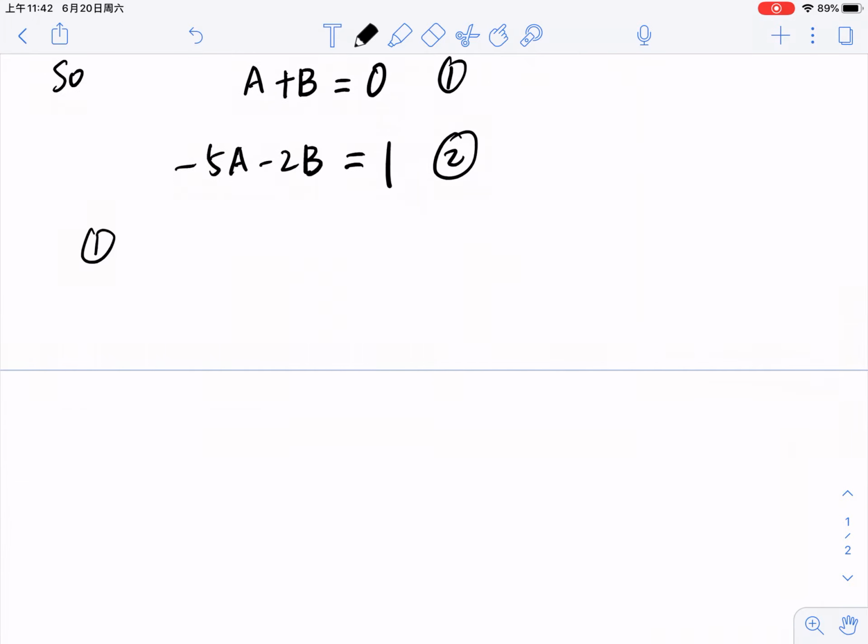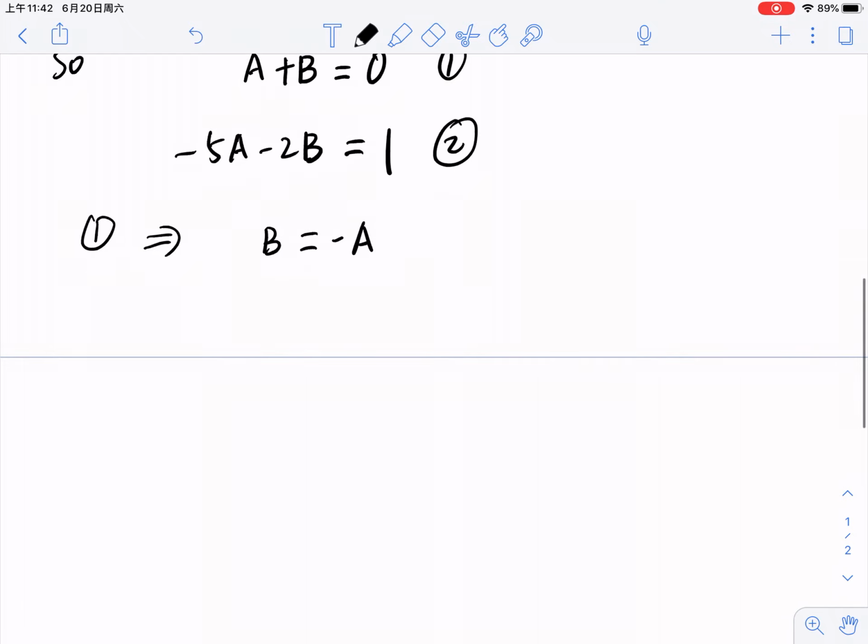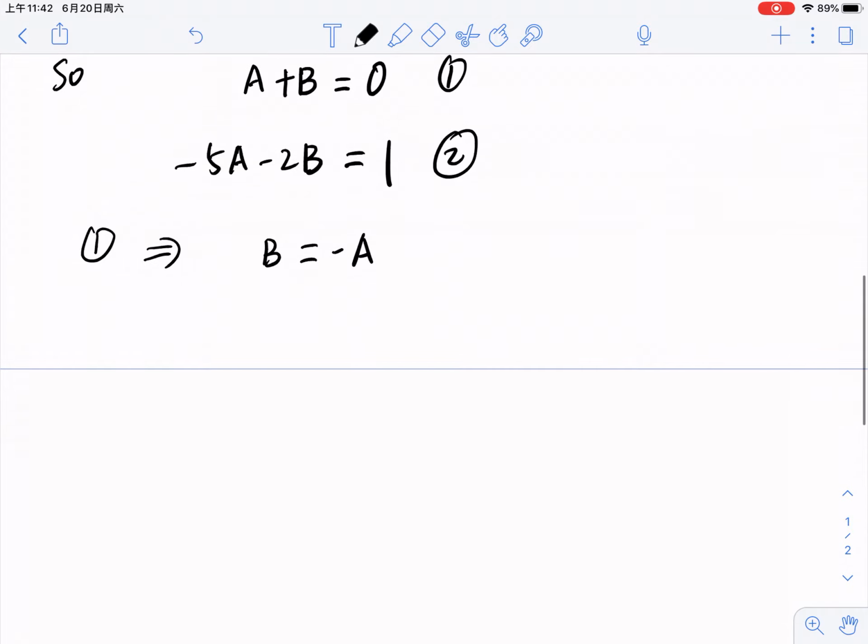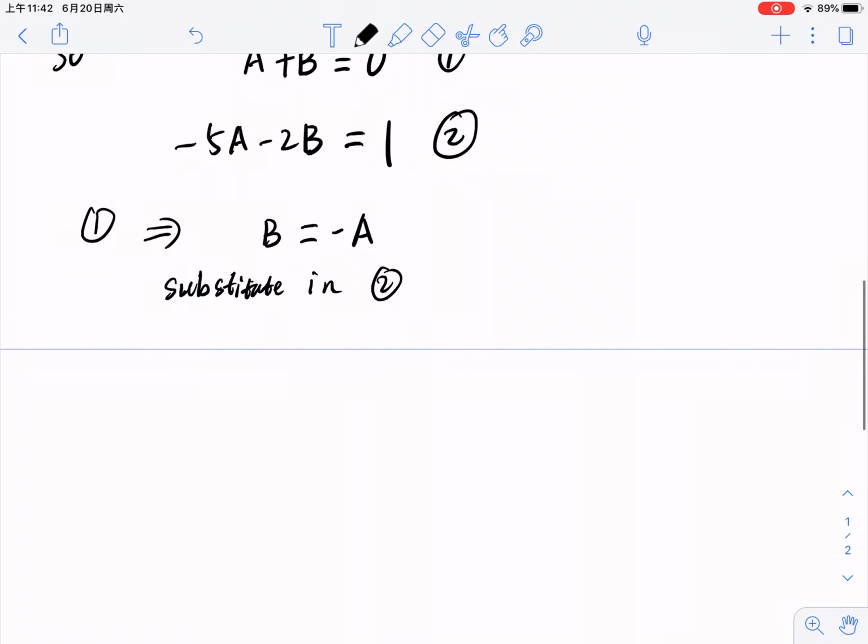So from 1, we have B is equal to negative A. Then we substitute B equals negative A into 2. So we get negative 5A minus 2 times negative A is equal to 1.